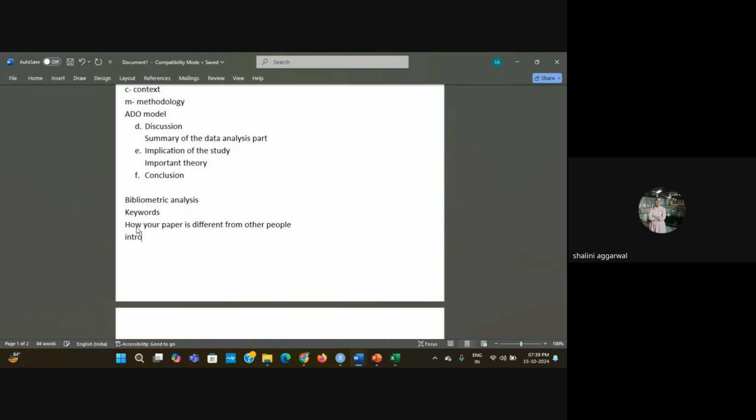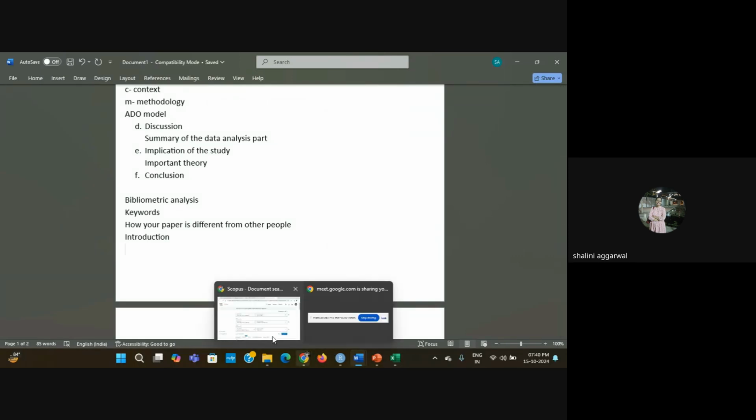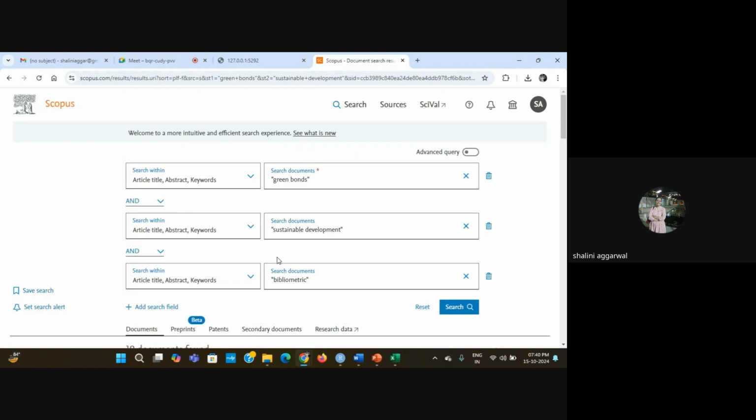So in the introduction, what is the first thing that you will be doing? Let me start again. You have to find out the keywords first. You have to select the keywords first, right? And with the help of the keywords, you will be using the Scopus database and try to extract the CSV file.